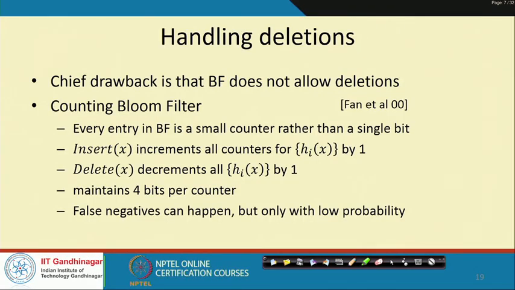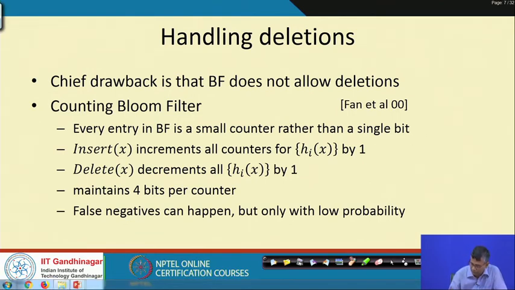A solution was given in terms of the counting Bloom filter, and it is very intuitive. Previously each element of the Bloom filter used to contain a single bit. Let us now add to it a small counter. So think of it as follows: we have the array, and now we have a small counter of, let us say, 4 bits with each position of the array.